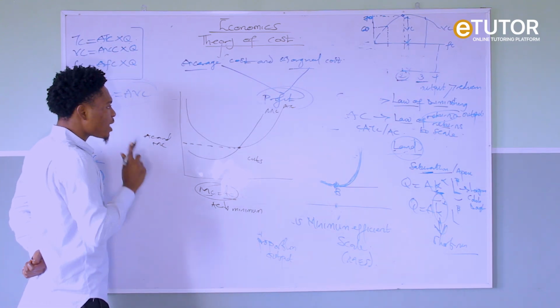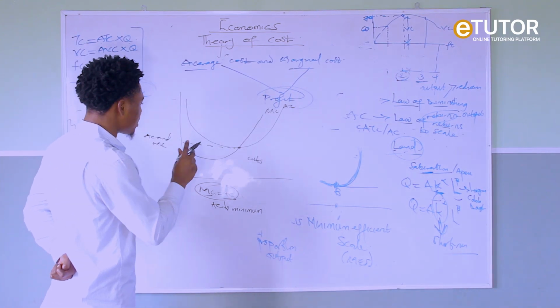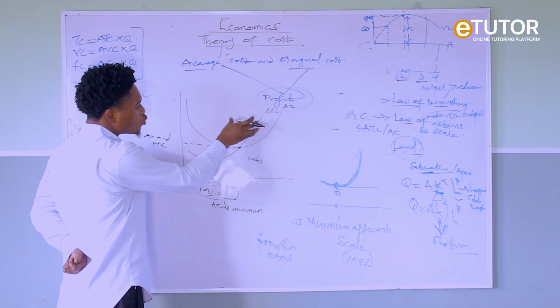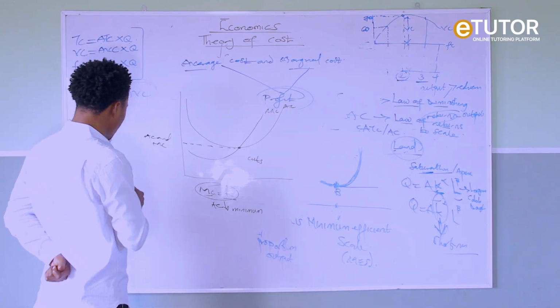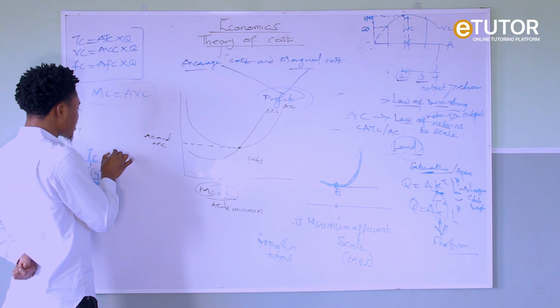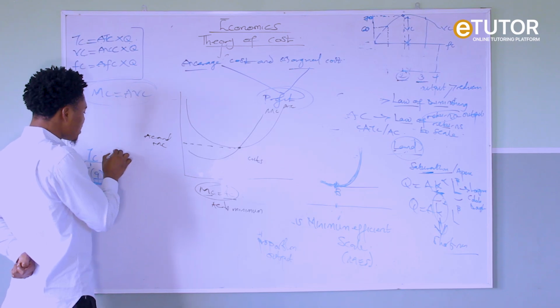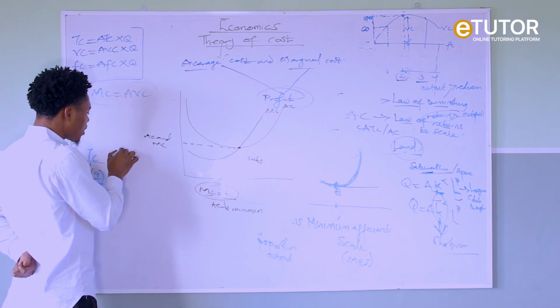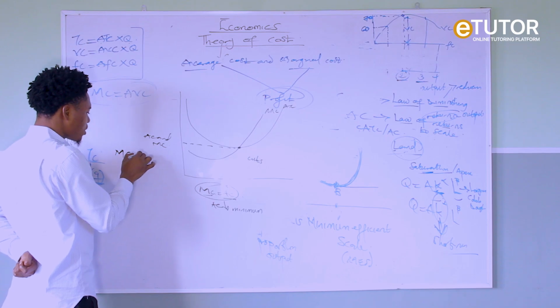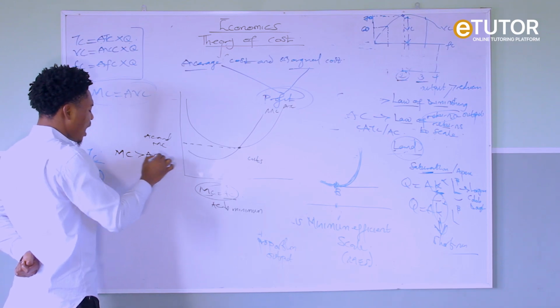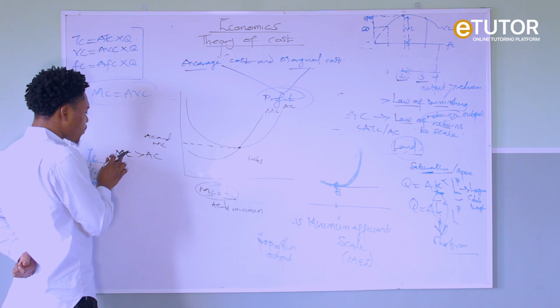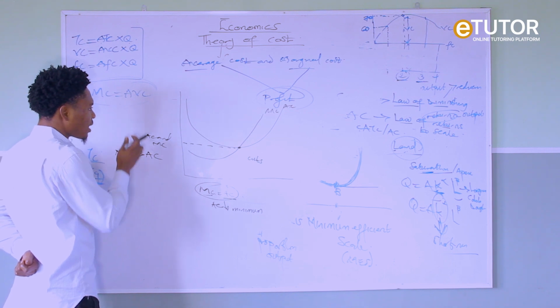Now, the two other relationships between MC and AC come from the graph. You need to look at the graph and show at what point marginal cost is greater than average cost.